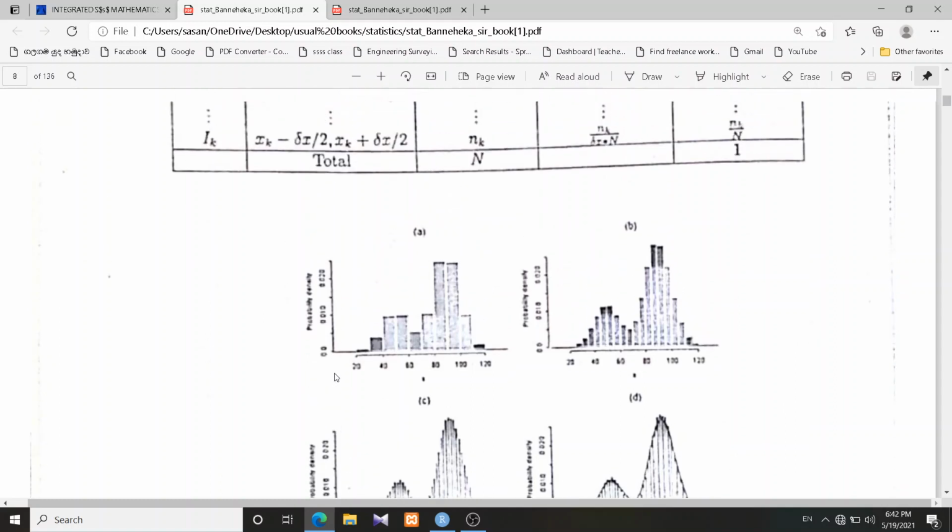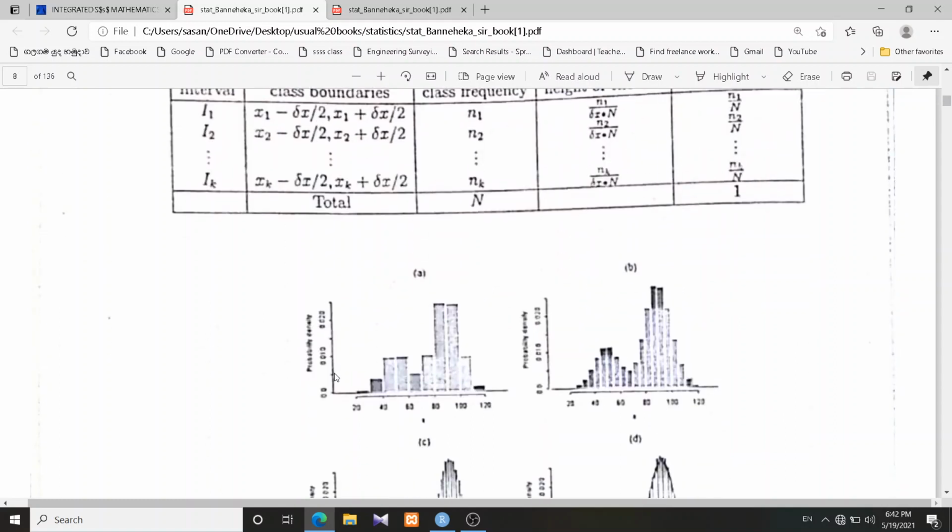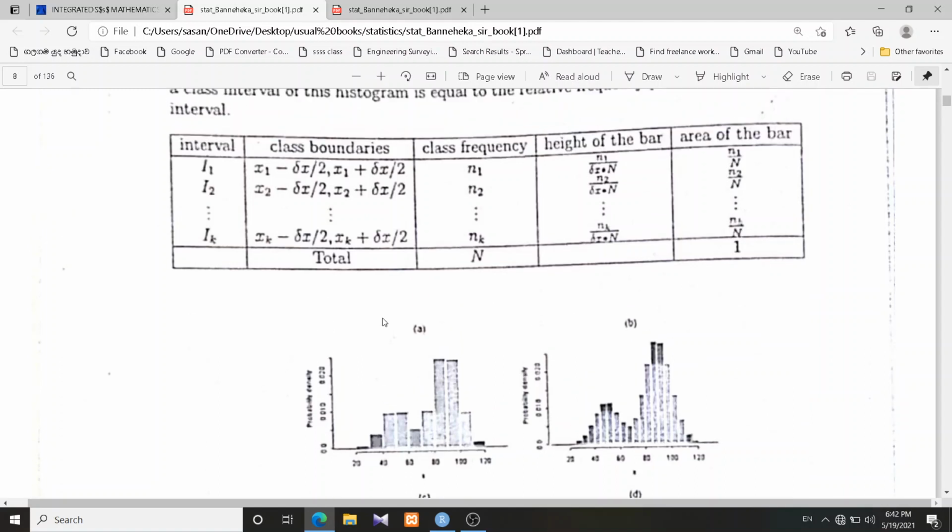You can see the height of this bar denotes the frequency column for each of these classes. Here you will have these classes. This is the interval. This is a class boundary.